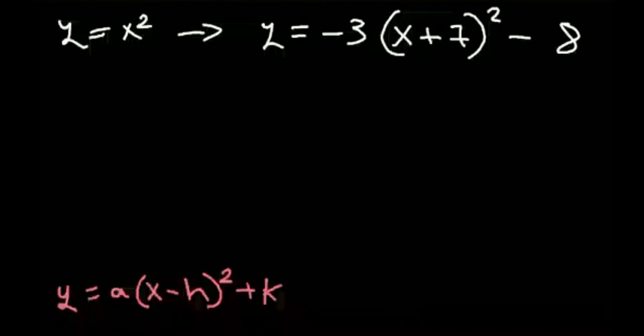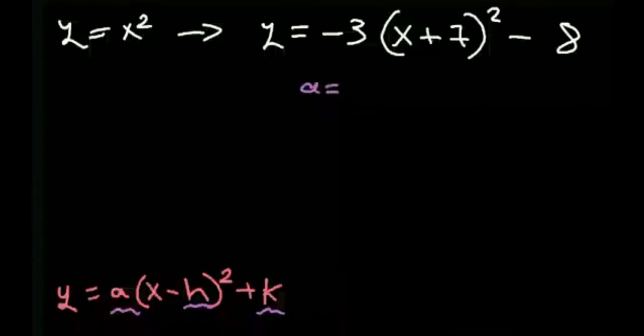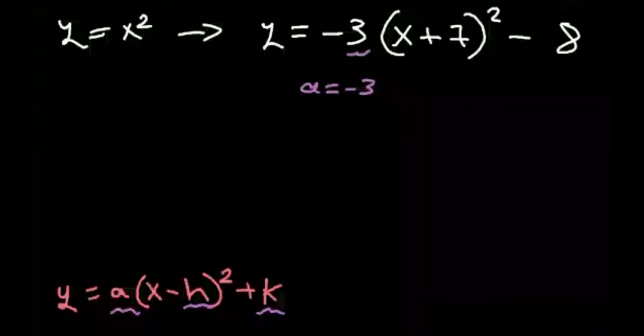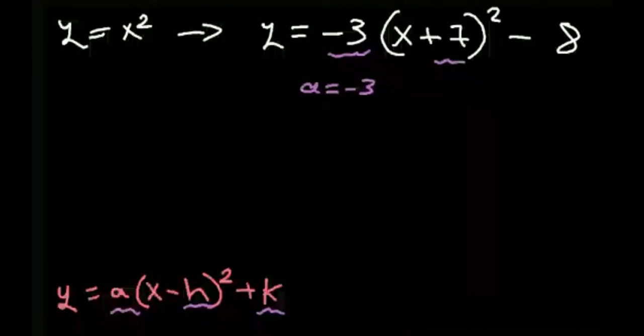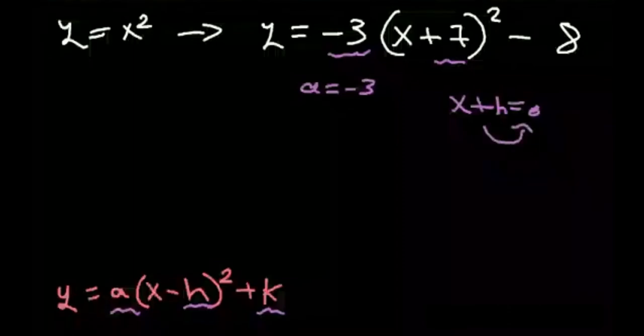So first things first, to be able to substitute into the general formula, we have to find these variables. So we have here a, which equals -3, which is this number right here. And now we have to find h. And since we have x plus 7 equals 0, moving 7 to the other side becomes x equals -7.